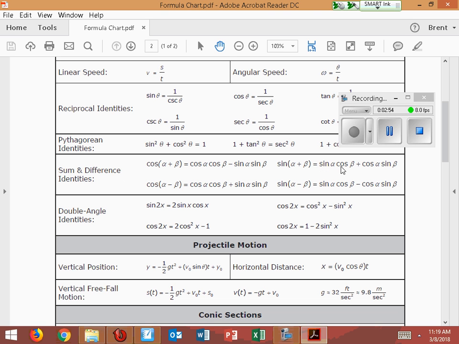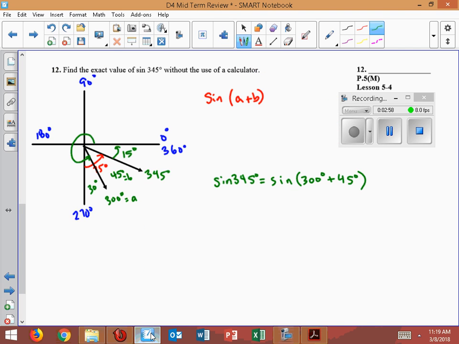It's going to go sine A cos B plus cos A sine B. So remember this is A, this is B, so it'll be sine A, which is 300, times the cosine of B, which is 45 degrees, plus cosine of 300 times the sine of 45 degrees.